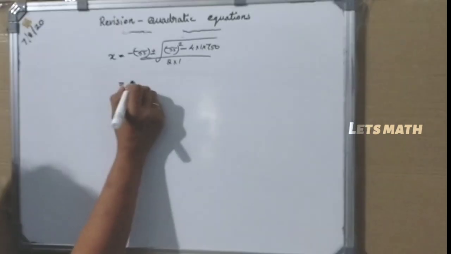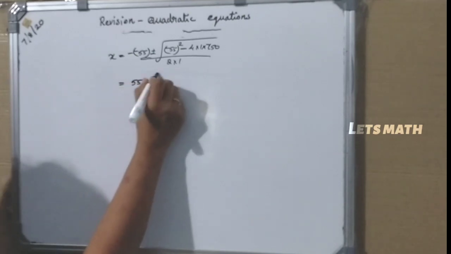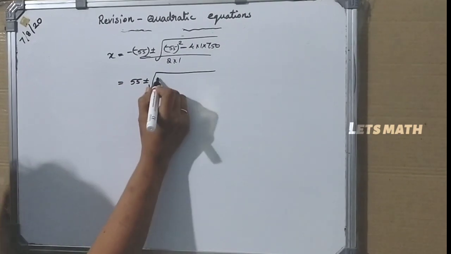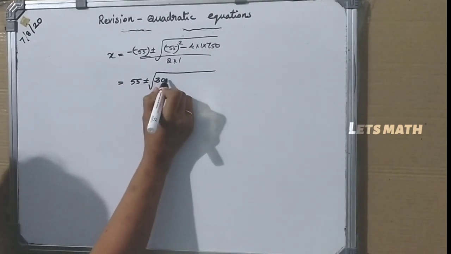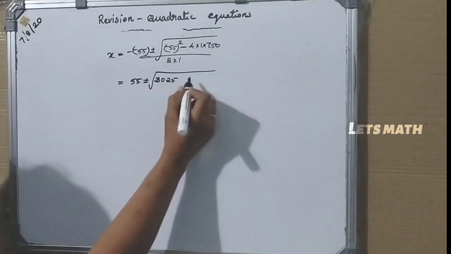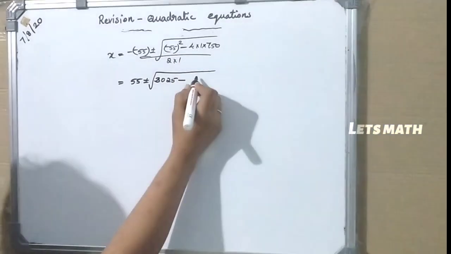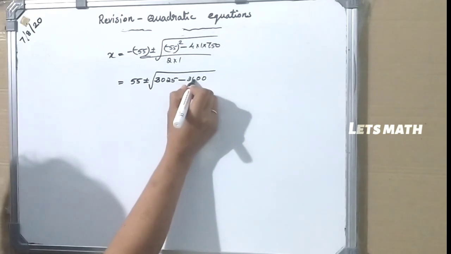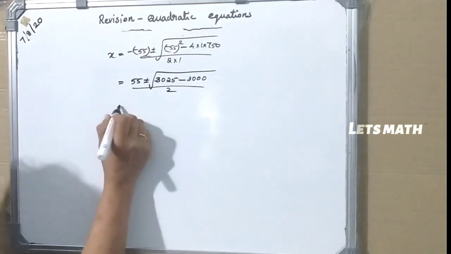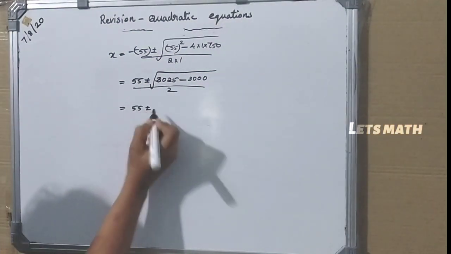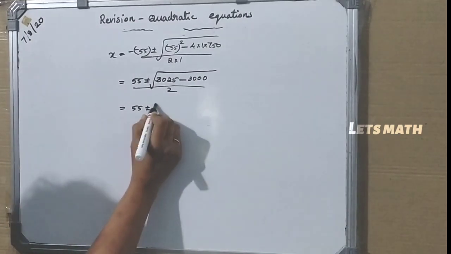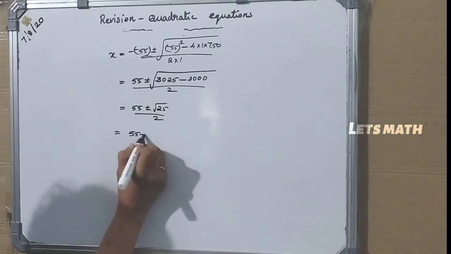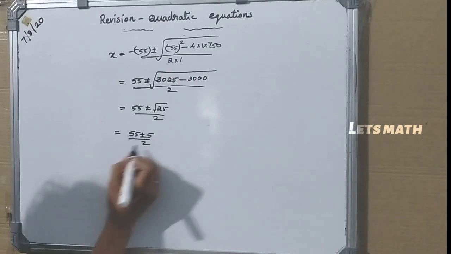That is 55 plus or minus root of 55 square, which is 3025, minus 4 into 750, which is 3000, divided by 2. That equals 55 plus or minus root of 25 by 2, that is 55 plus or minus 5 by 2.